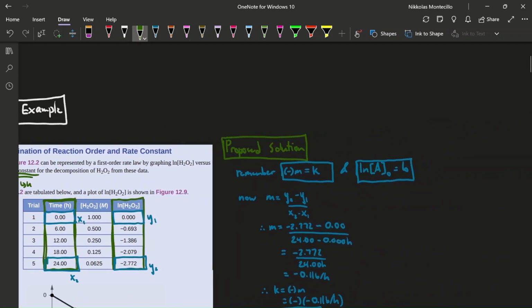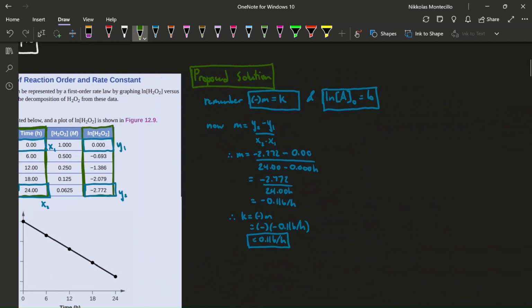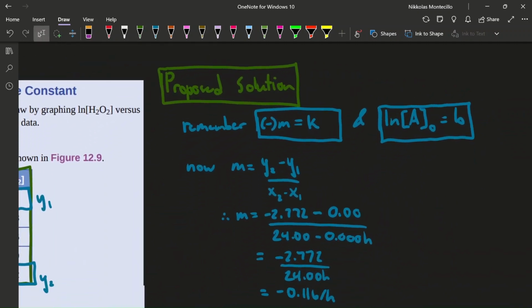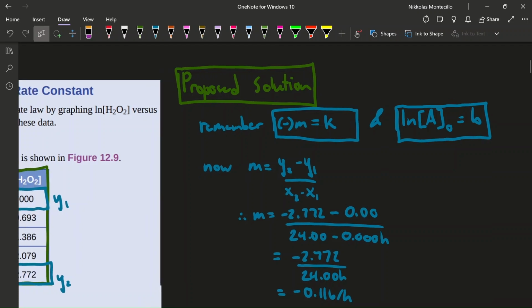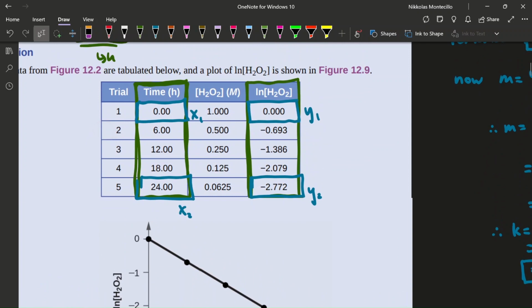Let's remember first that the negative slope, or negative m, equals k, and the natural logarithm of the concentration equals b.